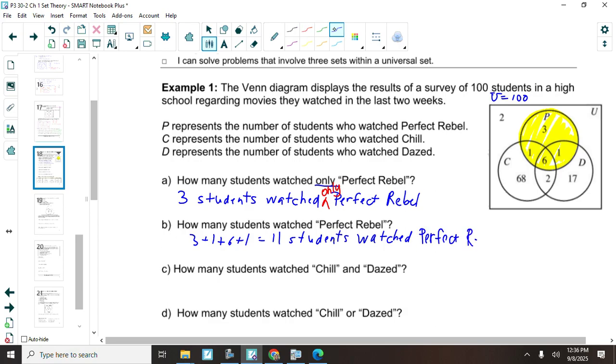Okay, how many students watched Chill and Dazed? As soon as we see and, we're thinking intersection. So where do Chill and Dazed intersect?